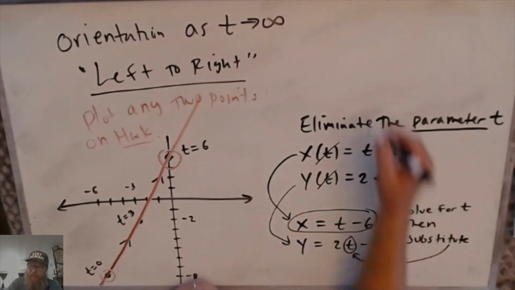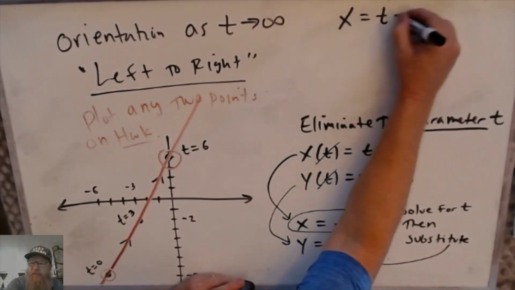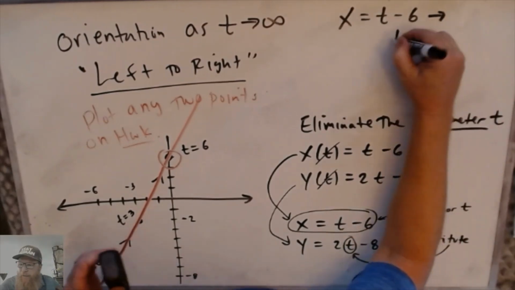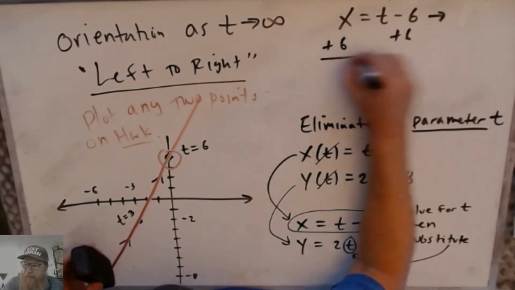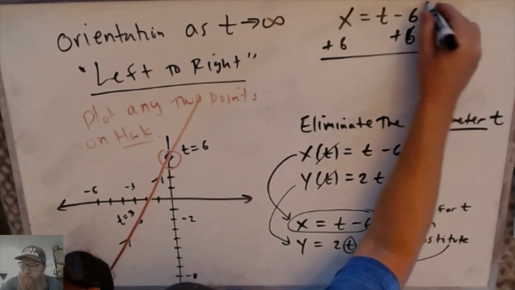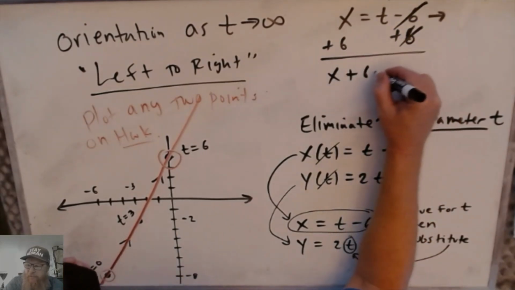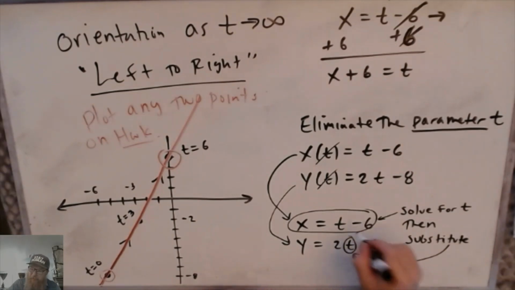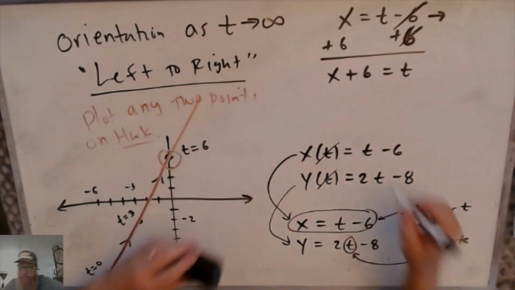So you're basically going to solve this just like you did a system of equations. So let's go ahead and solve this. We have x equals t minus 6. That means t is equal to x plus 6, just adding 6 to both sides. It gives us our t. And then we're going to substitute it into the other equation.